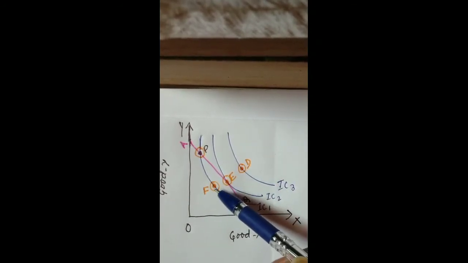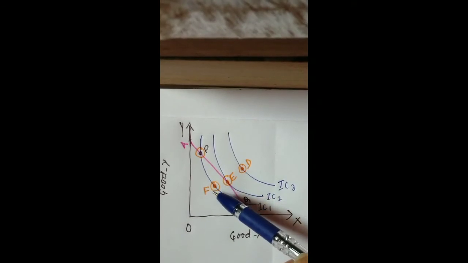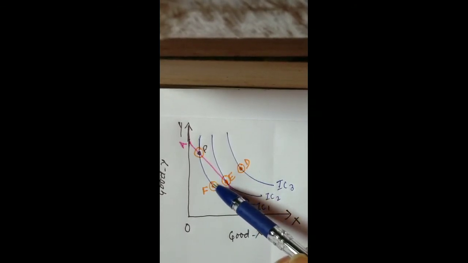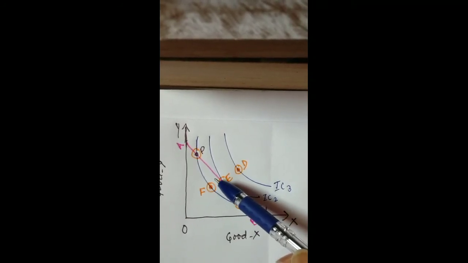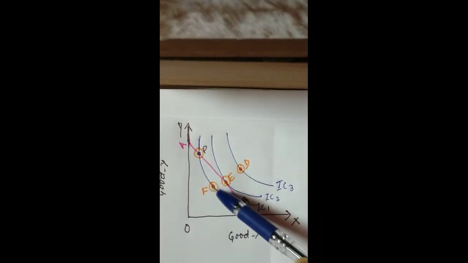In the same way, combination F is also shown on IC3, but it is inside the budget line. It means the consumer can buy this and he does not want to buy because his utility is less at this point.